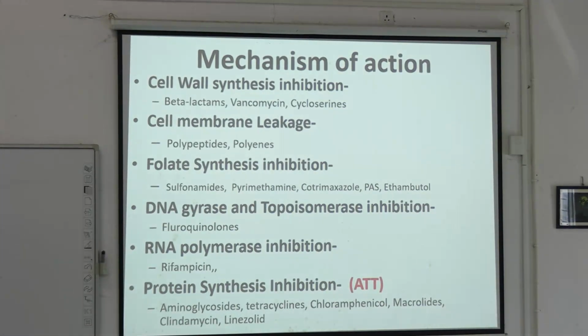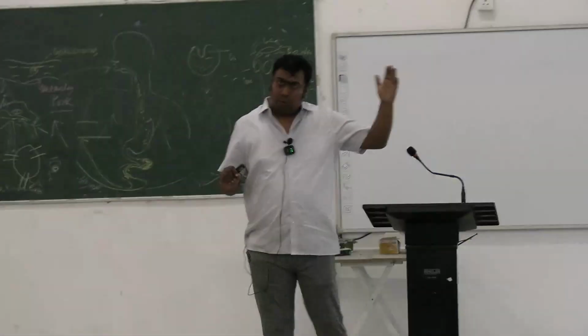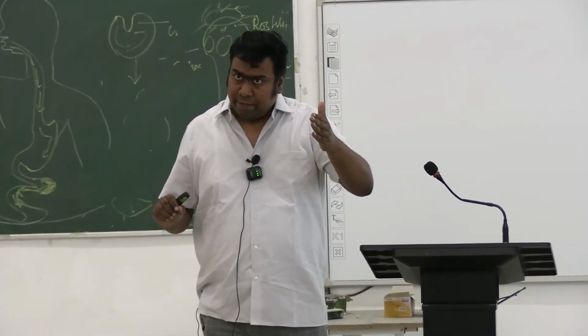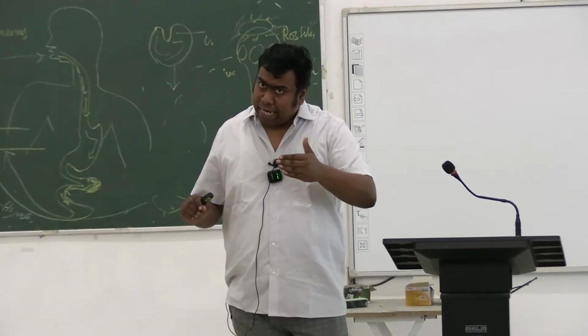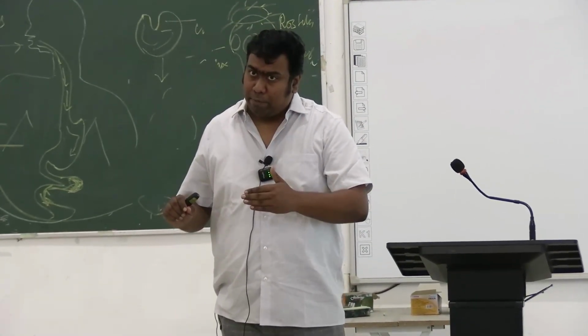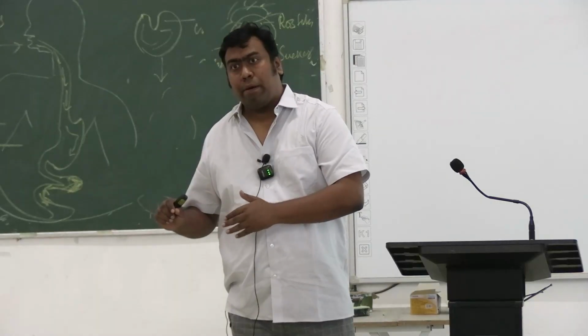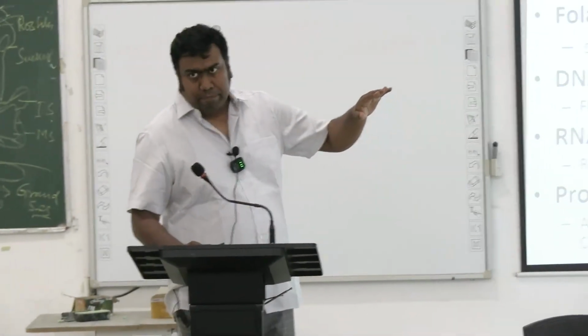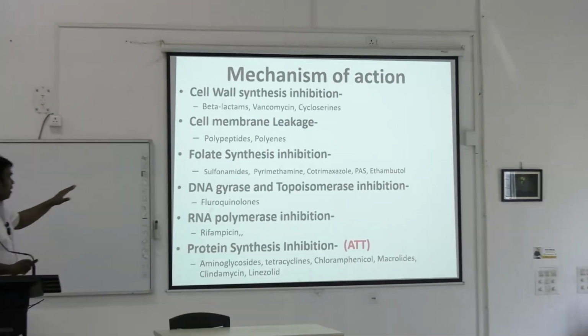Clear? You have to remember this classification. Cell wall, cell membrane, folate, after folate DNA gyrase, after DNA RNA polymerase, after RNA polymerase protein synthesis. Then cell wall inhibitors are beta-lactam, vancomycin, cycloserine.